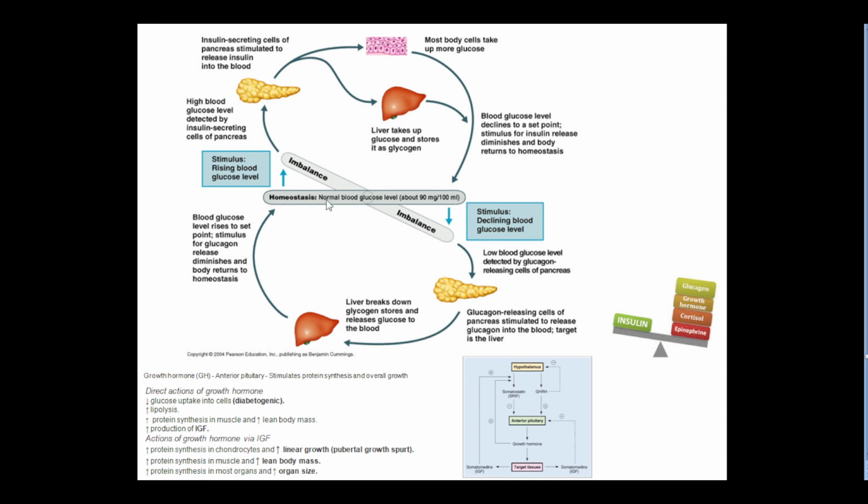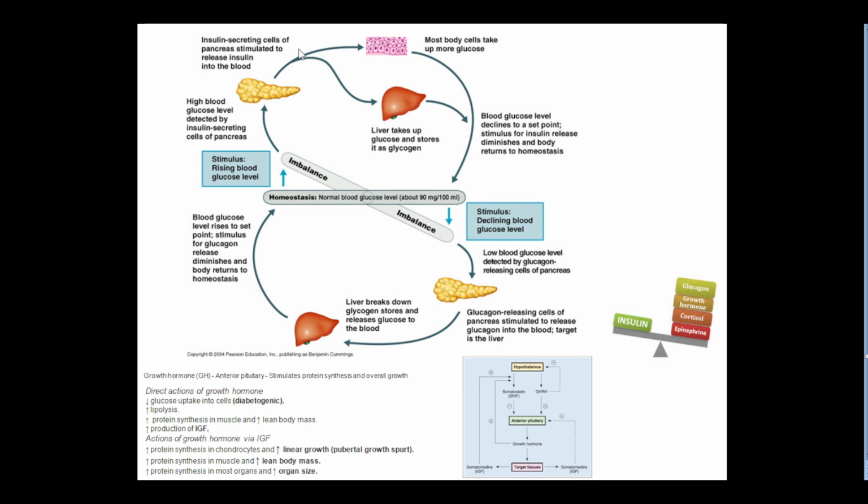So we have a homeostasis, which means the glucose blood level is kept within the normal range. And for example, if glucose level increases, then there will be activation of the beta cells within the pancreas, which will produce the insulin into the blood.